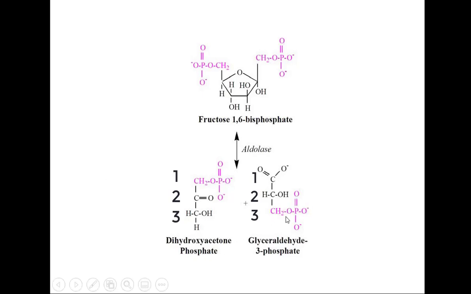And this molecule is phosphorylated on carbon 3, so glyceraldehyde 3-phosphate. We do not call it glyceraldehyde 1-phosphate. The name is dihydroxyacetone phosphate, DHAP. And for glyceraldehyde 3-phosphate the abbreviation is totally okay: G3P. Does it make sense?